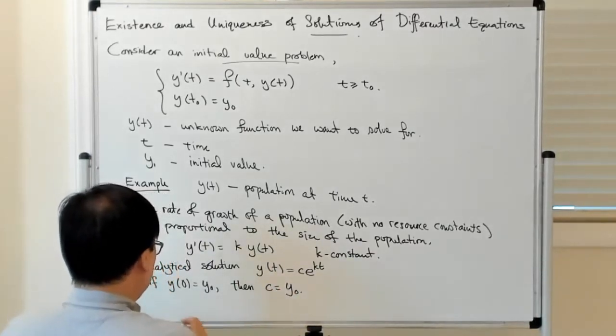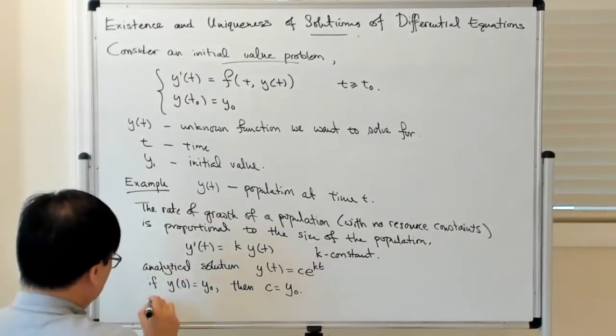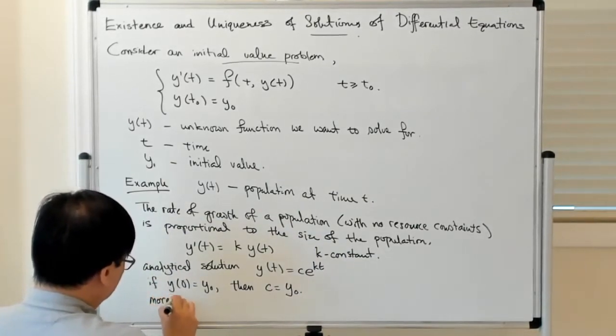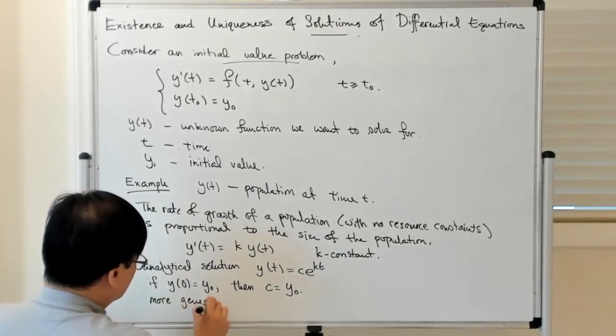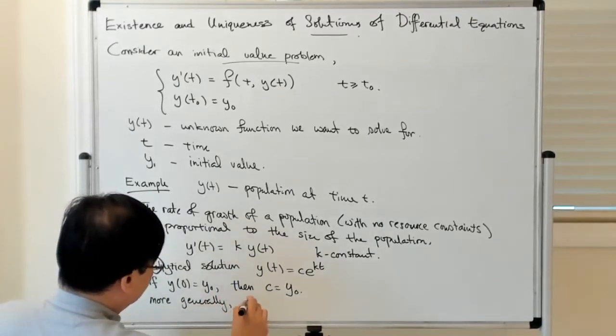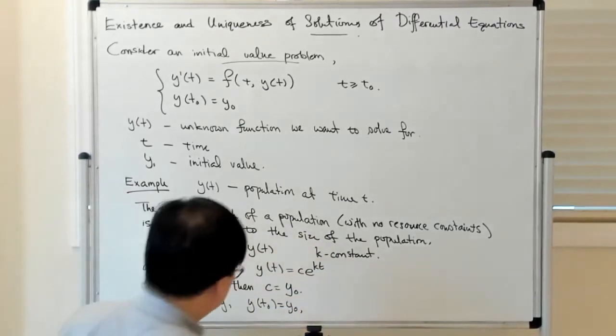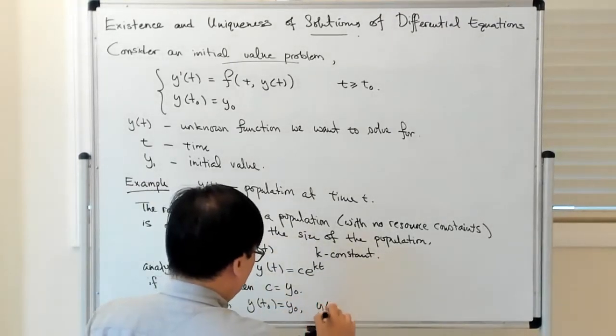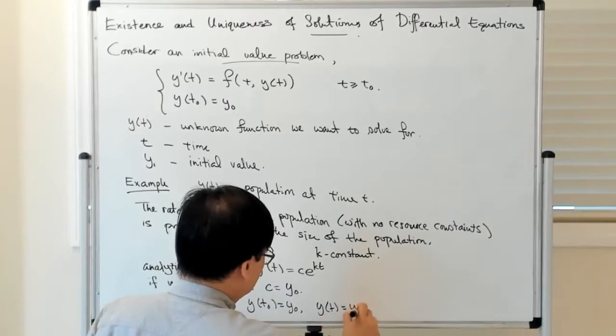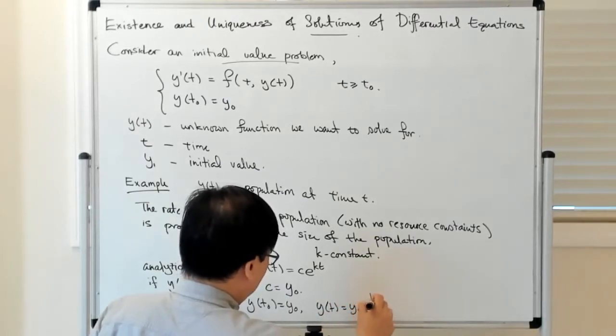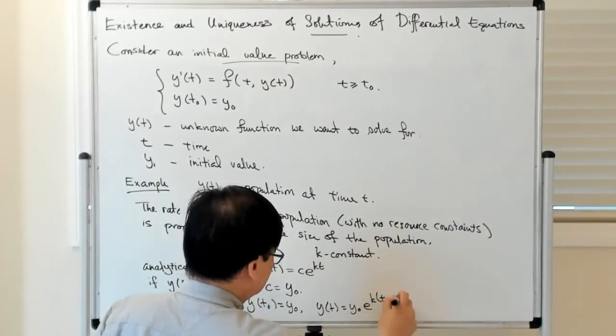More generally, if your initial data is that y at some initial time t0 is equal to y0, then the solution looks like y of t equals y0 e to the k times (t minus t0).